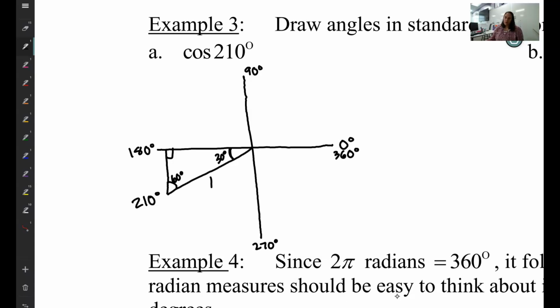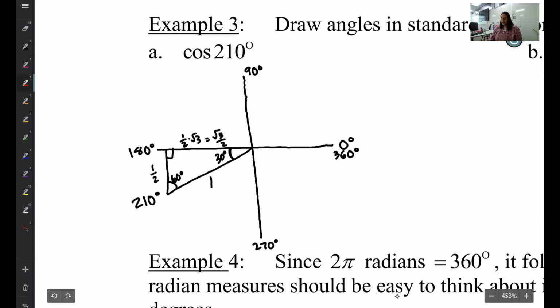Always, always on the unit circle. So now I can use my 30, 60, 90. I'm going from the long side to the shortest leg, so divide by 2, 1/2. And from the shortest leg to the longest leg, times by root 3, because I'm getting bigger, so root 3 over 2. And that's where those numbers on the unit circle come from, is from those special right triangles.